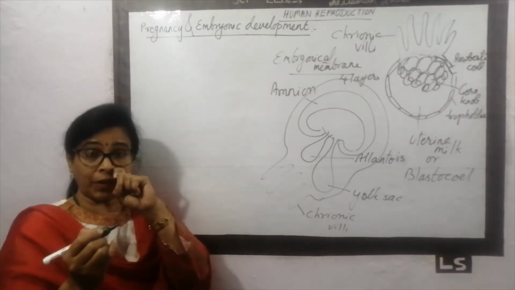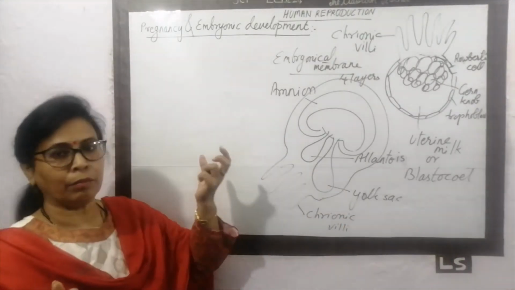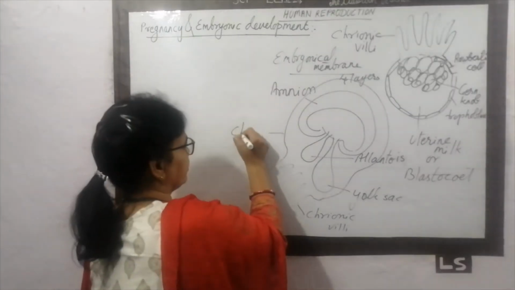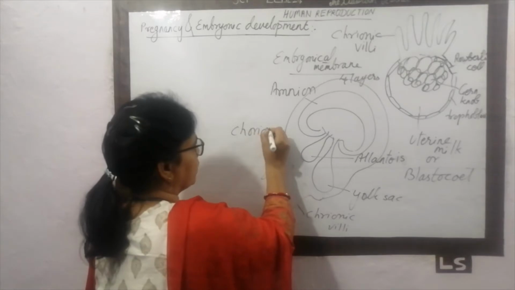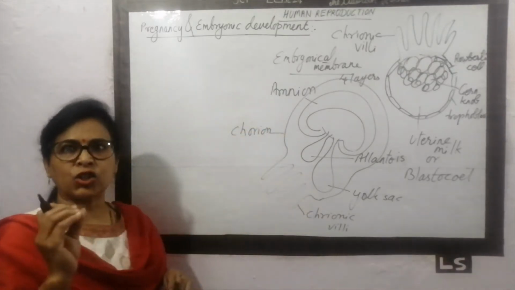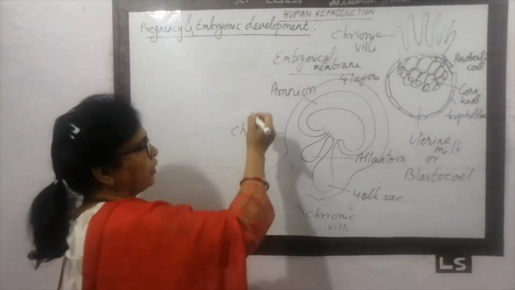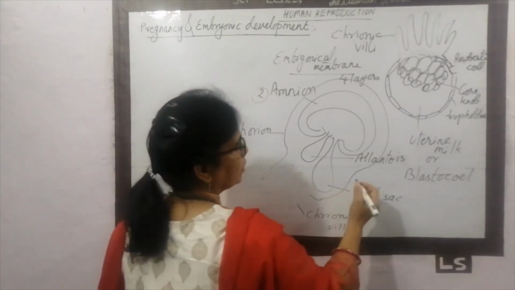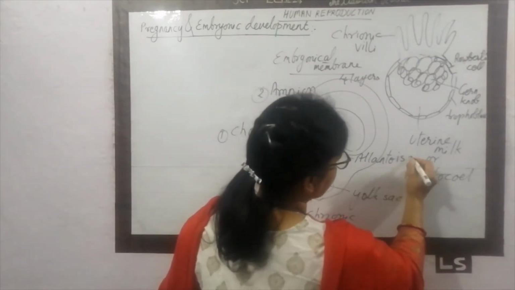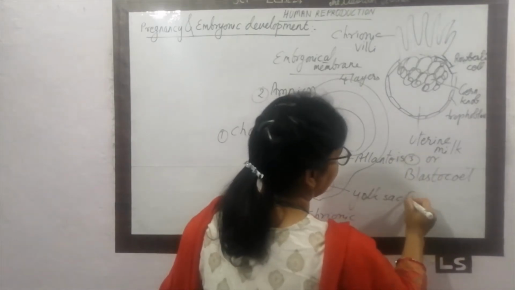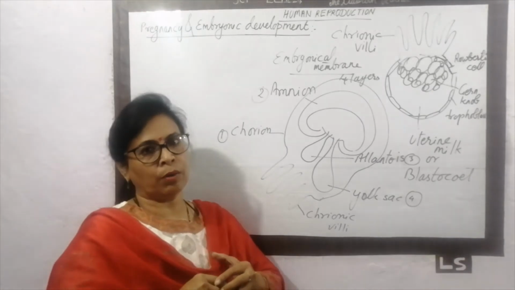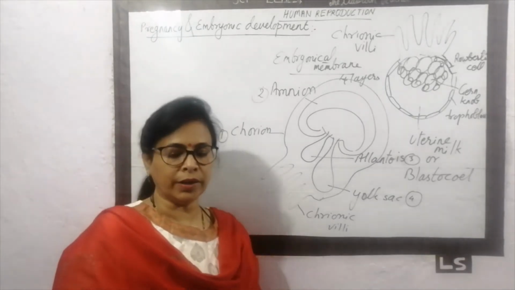The fourth layer of the embryonic membrane is called the chorion. The embryonic membrane is actually made up of 4 layers: chorion, amnion, allantois, and the fourth, the yolk sac. These are the layers formed at the time of embryonic development.